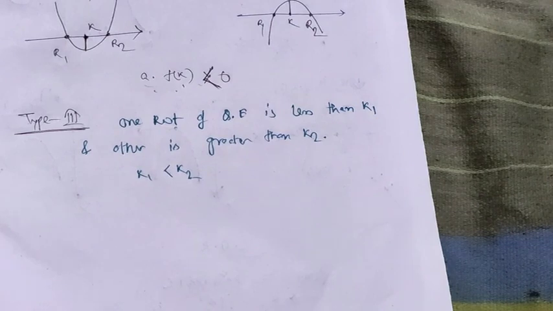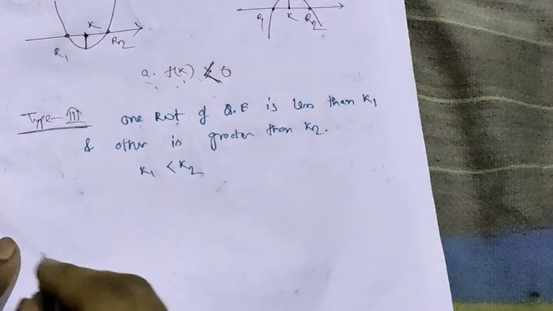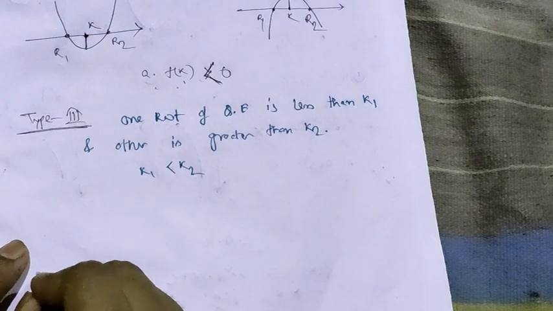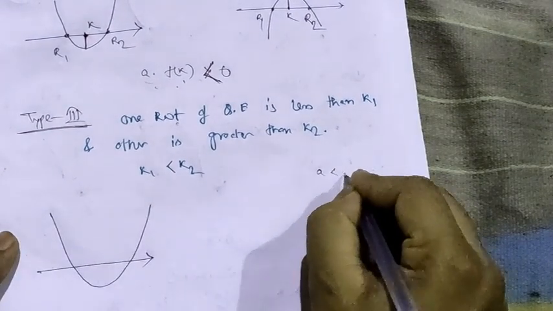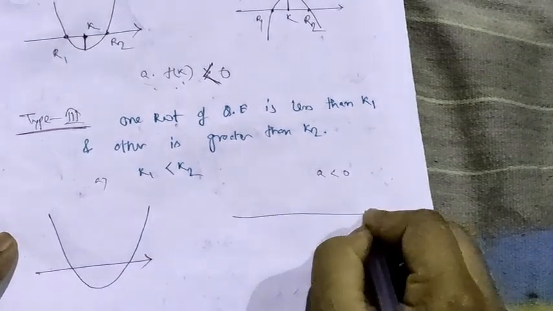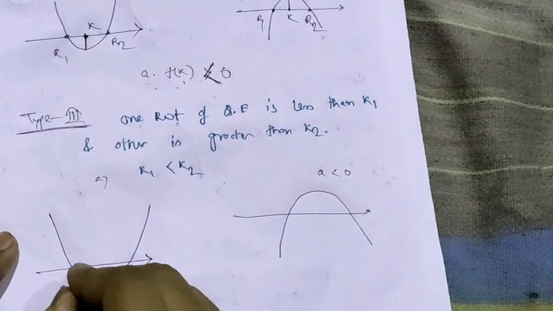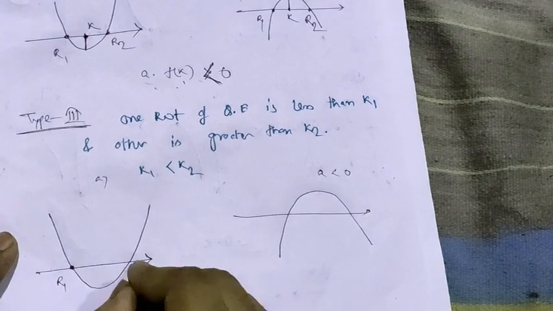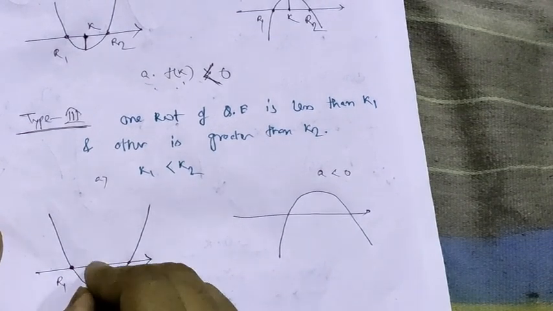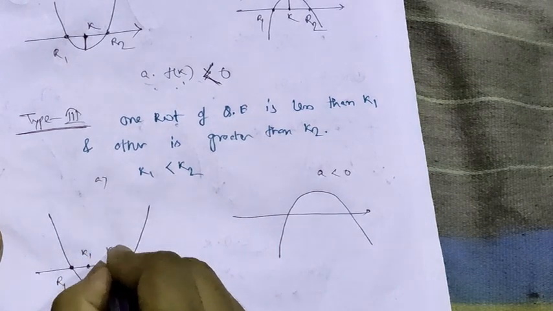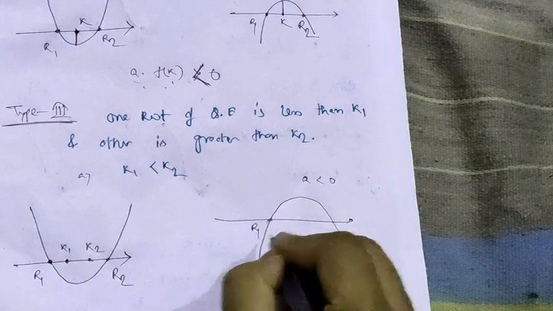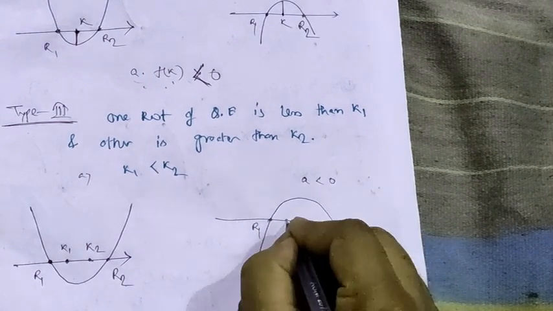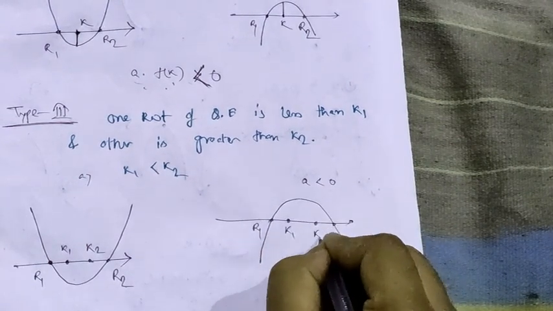I take two cases: first a greater than 0, and second a less than 0. If the roots are r1 and r2, and the two arbitrary points are k1 and k2, where k1 is less than k2, here also r1, r2, k1, k2.